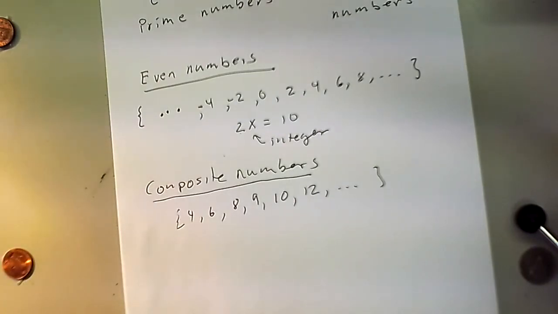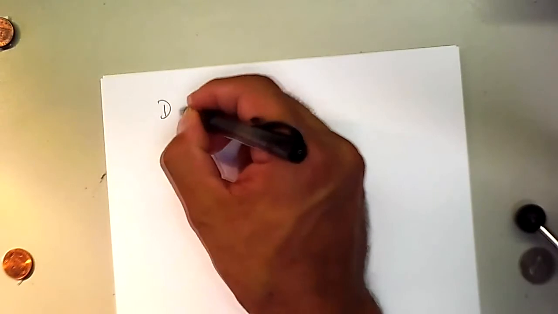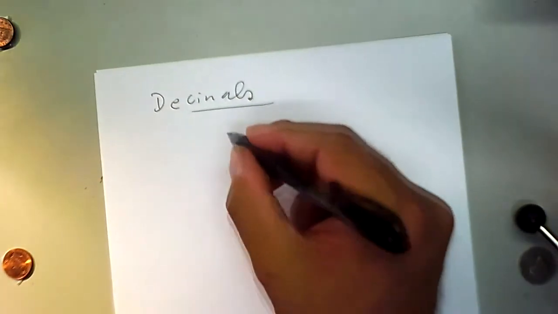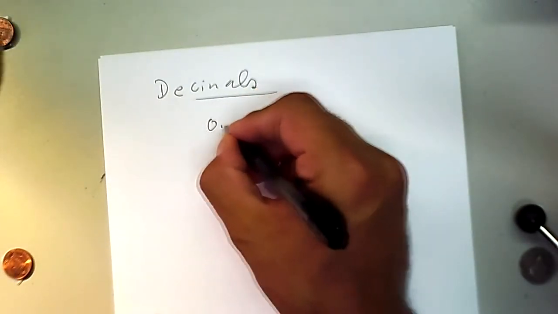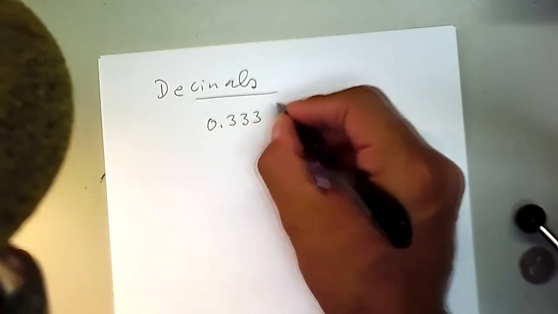Oh, we have to talk about decimals. Very, very important thing about decimals. All right, so a decimal is something you're familiar with, such as 0.333, etc. forever.